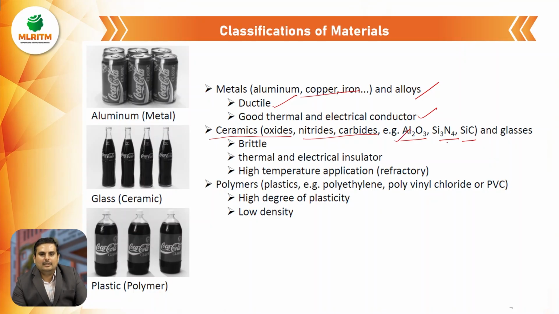Al2O3 is an oxide, Si3N4 is a nitride, and silicon carbide is a carbide. Glass is brittle in nature, a thermal and electrical insulator, and we can use it in high temperature applications. Whereas polymers, that is plastics, such as polyethylene and polyvinyl chloride, have a high degree of plasticity but a low density.